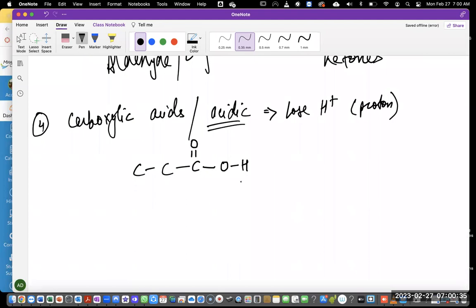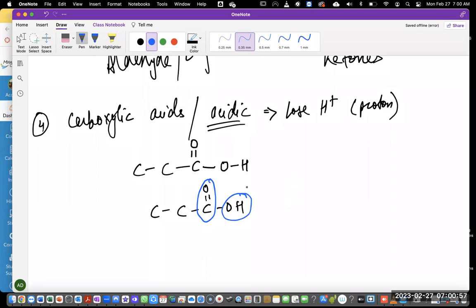So you have to pay attention here. Let me draw this again, because you will see carboxylic acid drawn differently everywhere, and you must understand that they are actually the same thing. When this carbonyl is sitting next to the OH, that's when you have the carboxylic acid.